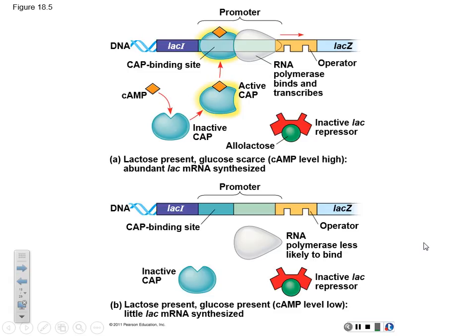So cyclic AMP receptor protein with cyclic AMP has an affinity for the promoter of the lactose operon. When it is bound to the promoter, the promoter is suddenly much more interesting to RNA polymerases than it would have been if that protein wasn't there.